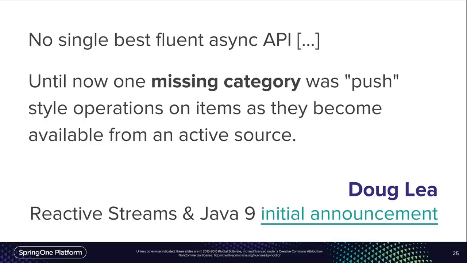It's at version 1.0, and it was created through a collaboration of multiple companies, including Netflix, Pivotal, Lightbend, and a few others, Kaazing, Twitter. And basically, they created an API for asynchronous components to interact with each other. And this was actually picked up by Java 9, so it will be included in Java 9.